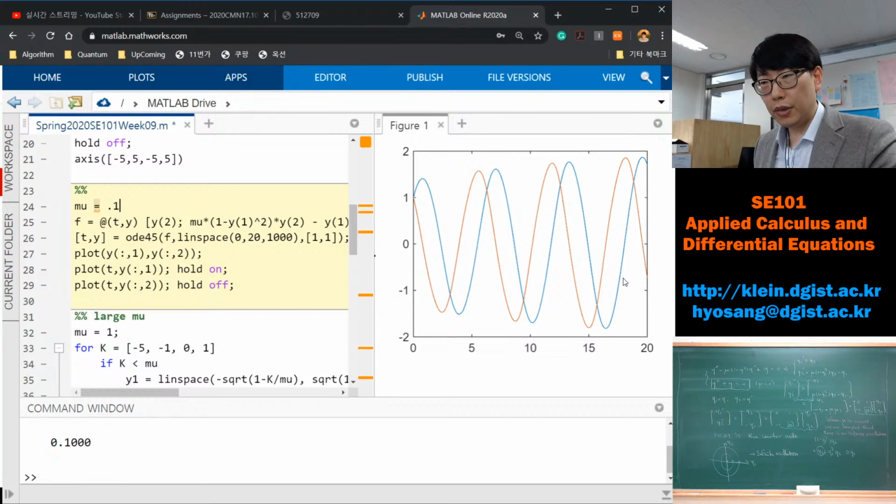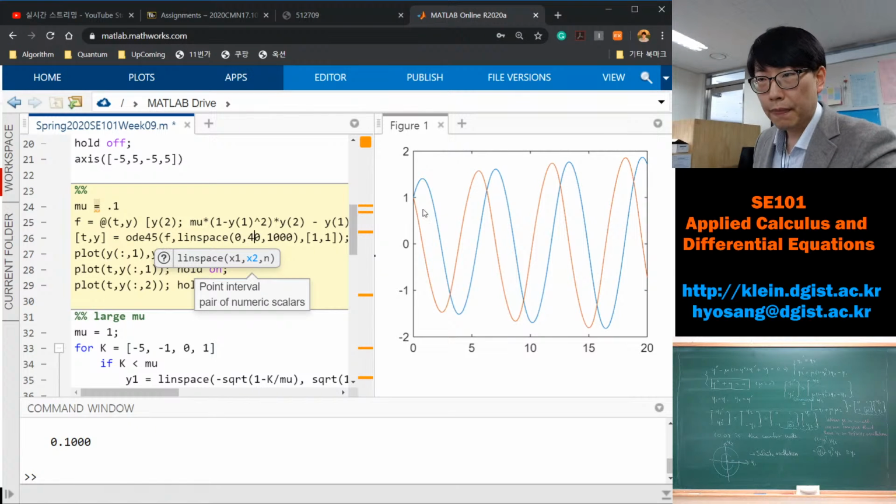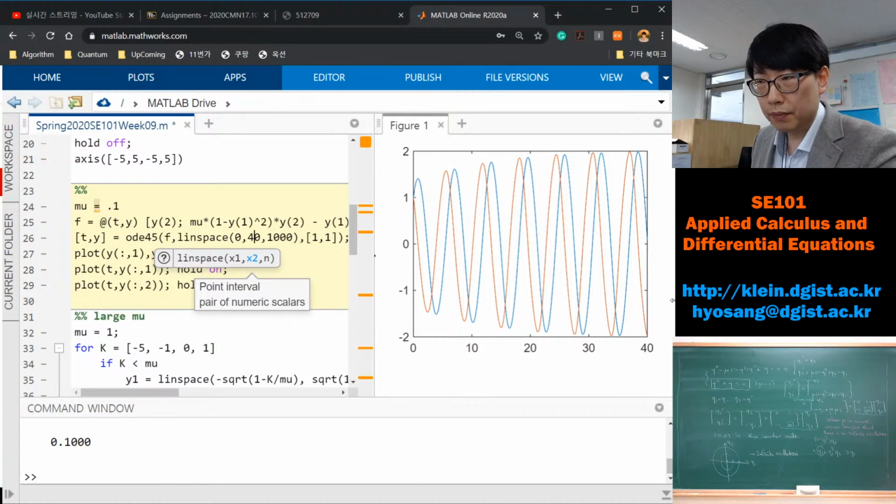So it's close to the sinusoidal curve, but you see the amplitude is growing here. And if I set this time to be 0 to 40 instead of 20, you see it still is not saturating.